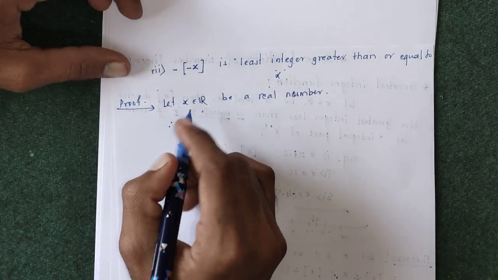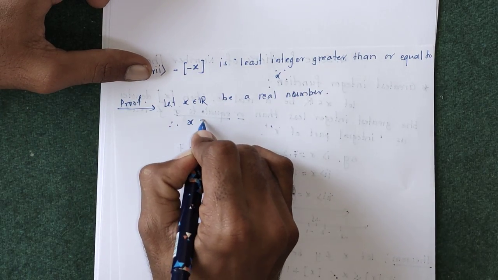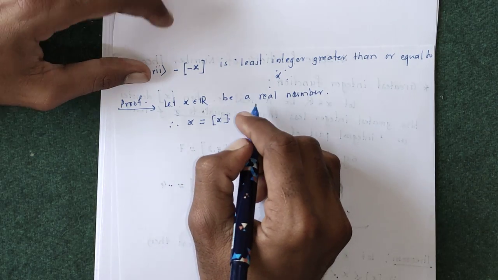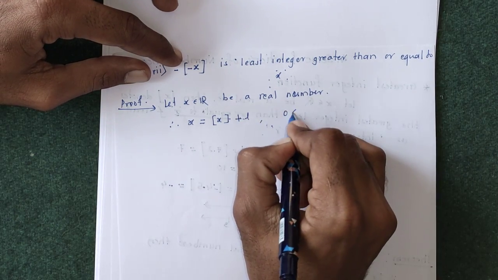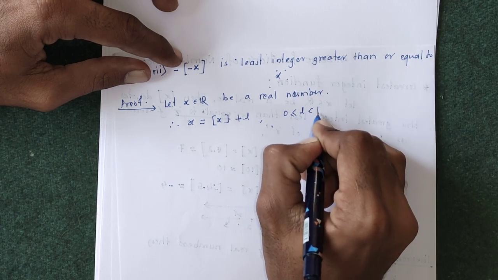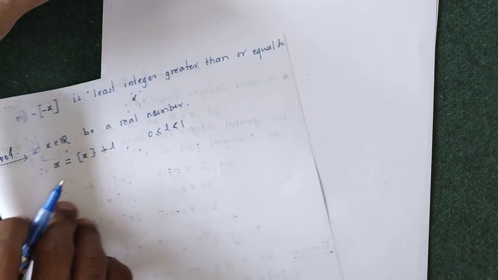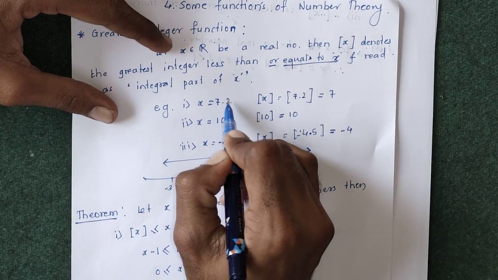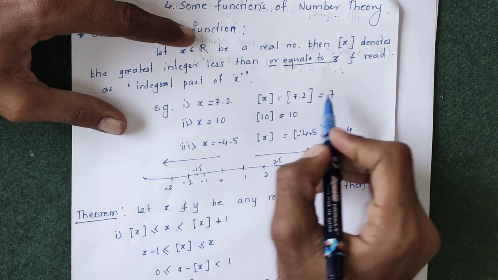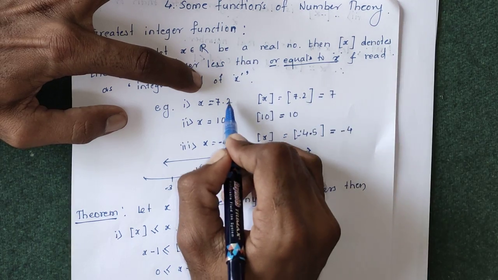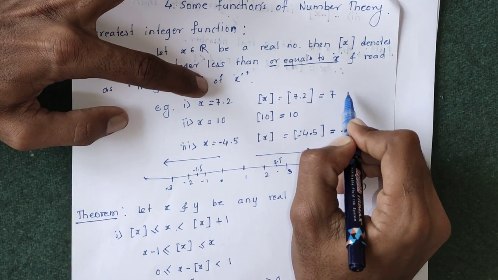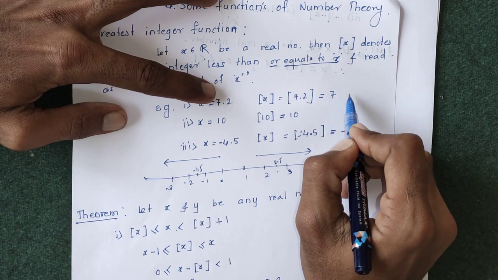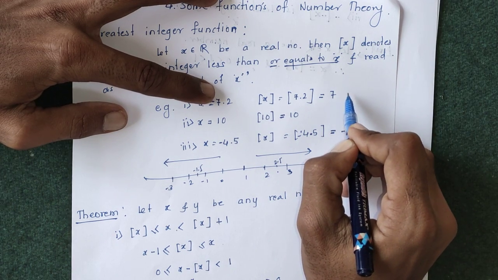Therefore, x can be written in the form integral part of x plus L, where 0 is less than or equal to L, which is less than 1. For example, we have seen x equal to 7.2. We can write 7.2 as the integral part of x plus 0.2, that is 7 plus 0.2. So, L is equal to 0.2.